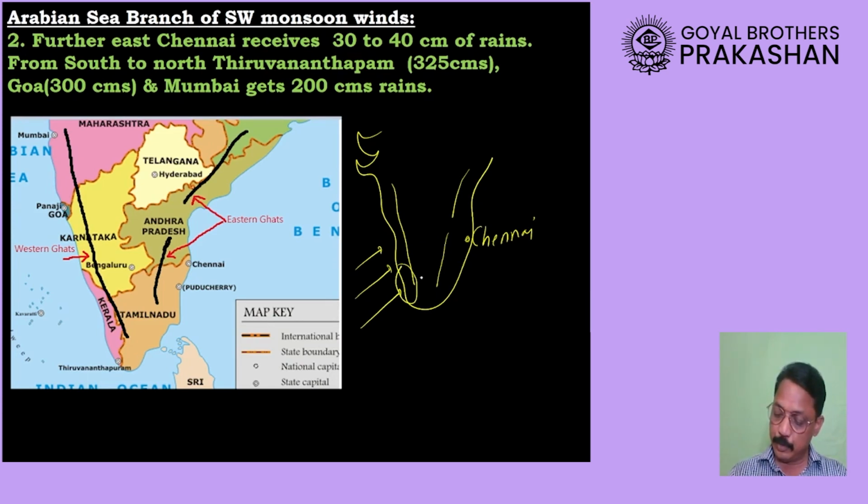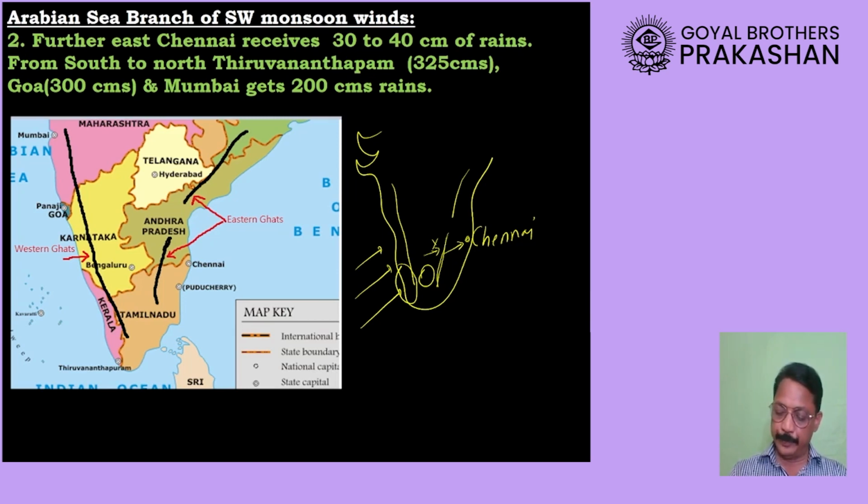When they reach this part between the Western Ghat and Eastern Ghat, the rainfall will go on decreasing. When they reach Eastern Ghat, again they will be blocked, giving some rainfall over here. And when they cross and reach towards Chennai, the moisture content in them will be very little, and that will give only 30 to 40 centimeter of rainfall to Chennai.